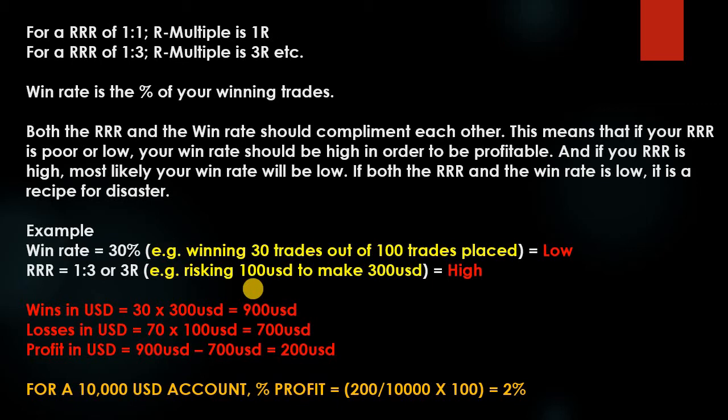So for instance, for a 10,000 USD account, we have a percentage profit of 200 over 10,000 times 100, and that will give us 2%, which is actually a very good percentage gain.